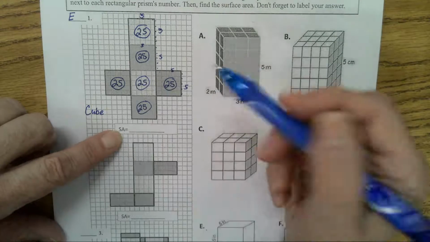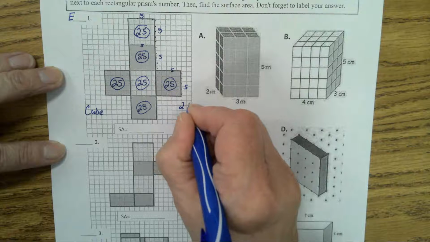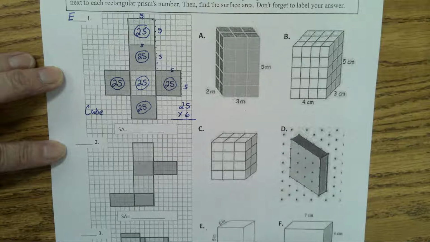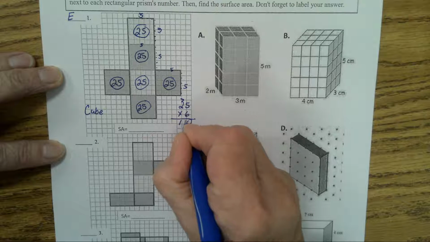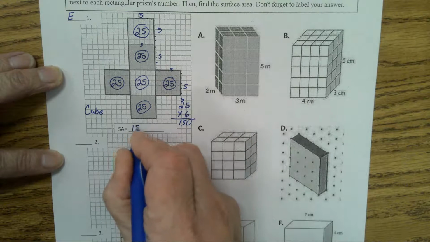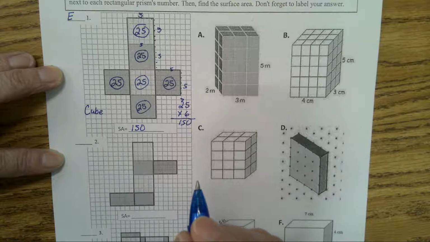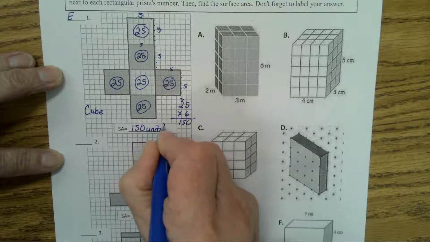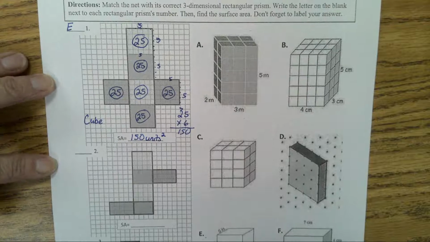Well, when you add 25 together 6 times, or you could just do 25 times 6, and yes, you may use a calculator on this one. The answer is 150 units squared. Units squared because it's area. We are measuring flat squares.